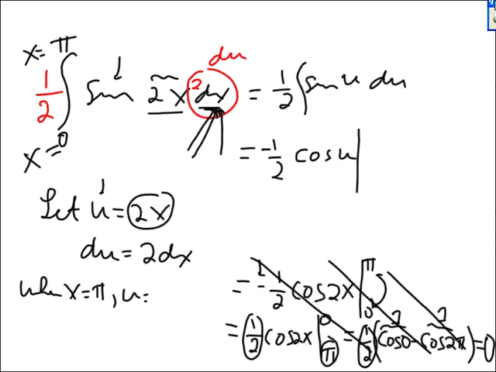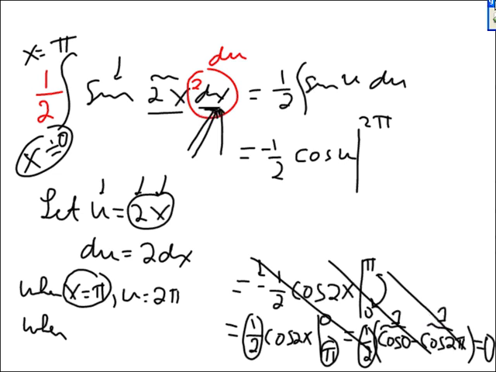Well, u is equal to 2 times x. And I'm telling you what x is, it's pi. So u is 2 pi. That's the upper limit, 2 pi. And the lower limit? The lower limit is when x is 0.